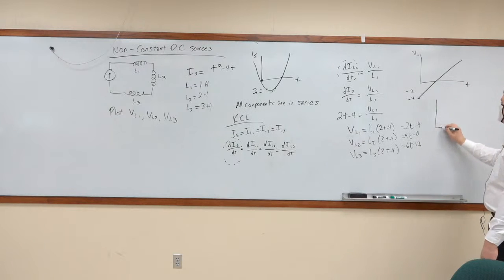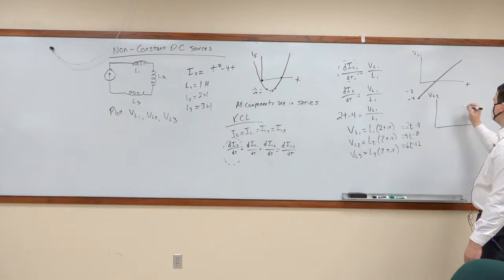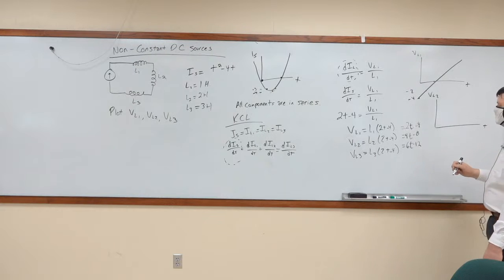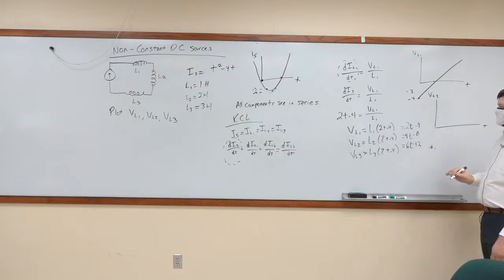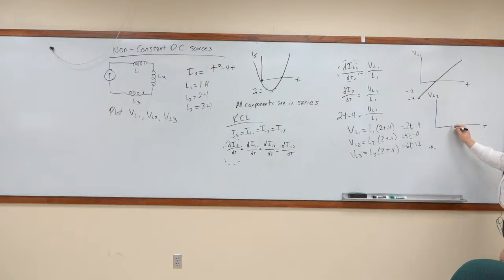If we were to plot out now VL2 with t, what is the value of the function at t equals 0? It's -8. What's the value of the function at 2 seconds? It's 0.